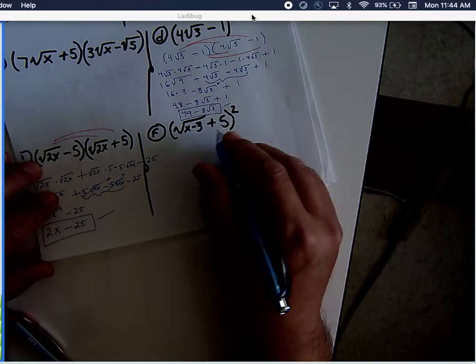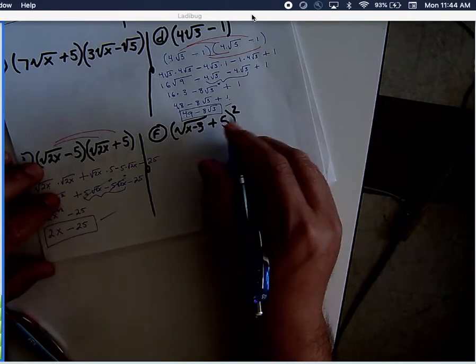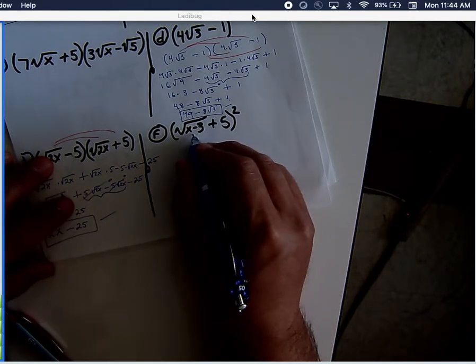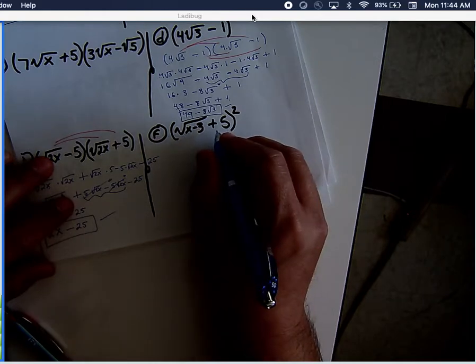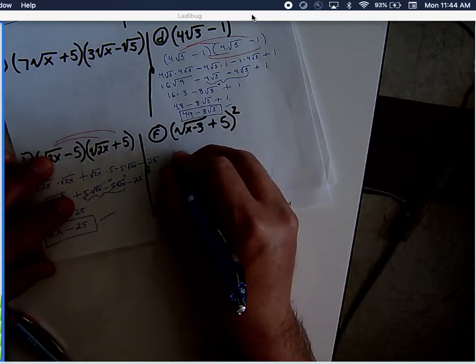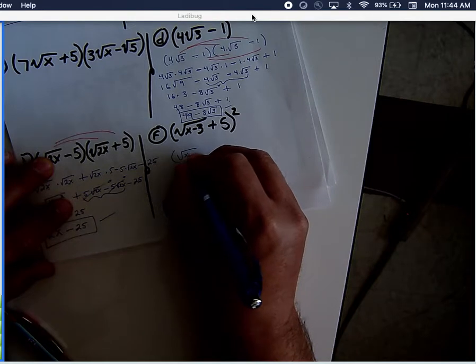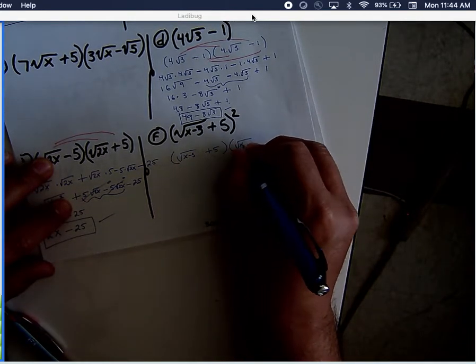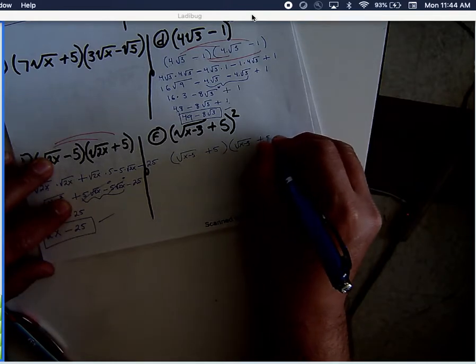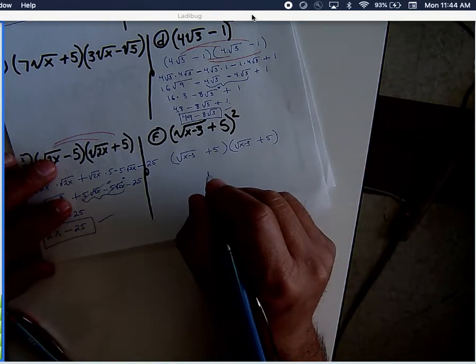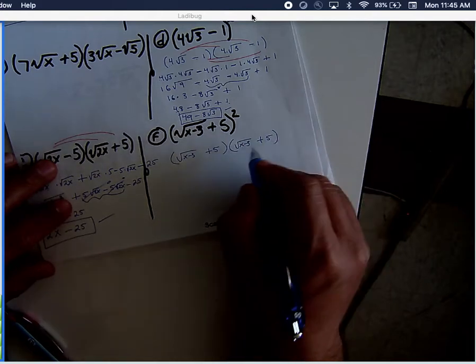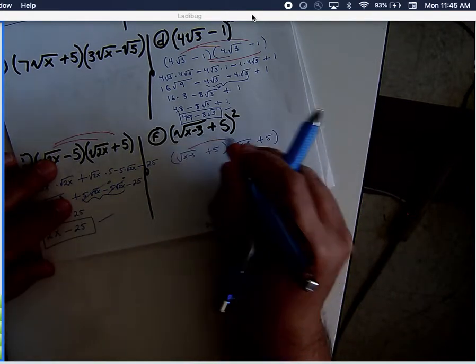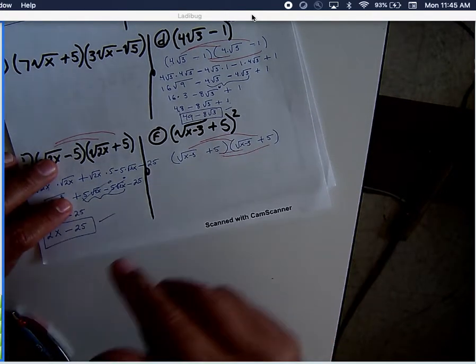Okay, the last one. So this means, again, you're multiplying these two things together. I mean, twice. Like that. So this tells you how many times you're multiplying this, and then you do it for you again. So that times that.